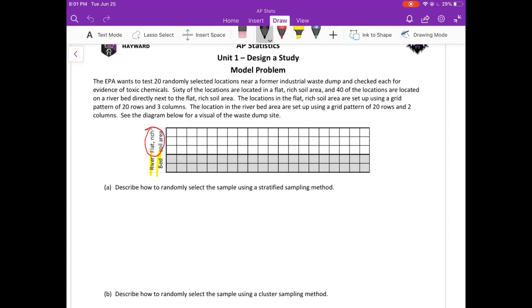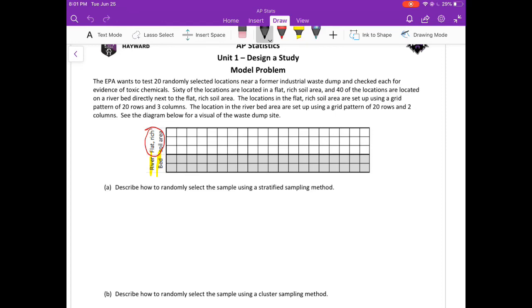Okay. Part A says, describe how to randomly select a sample using a stratified sampling method. Okay, so a stratified sampling method, as you remember, is that we are picking some from all. So in this case, we're going to be picking some from the flat, rich soil area and some from the riverbed.